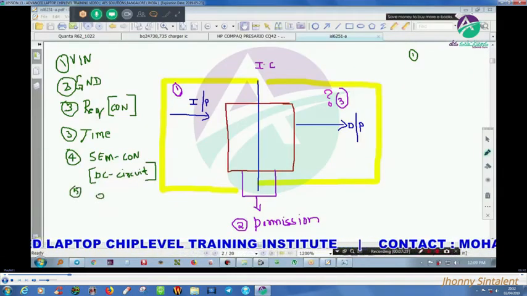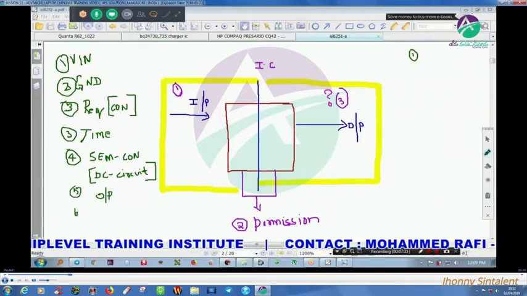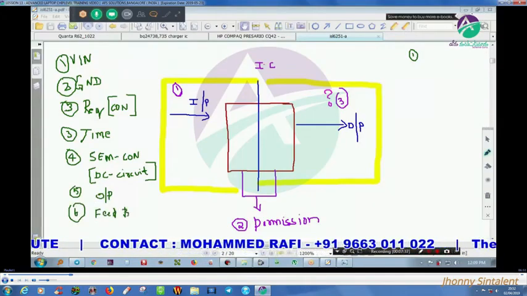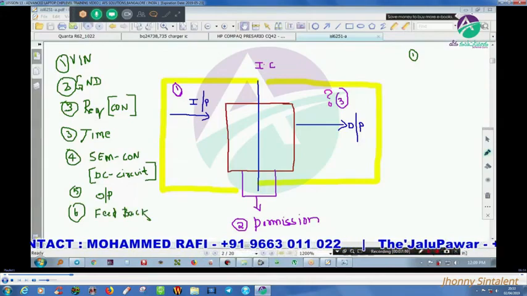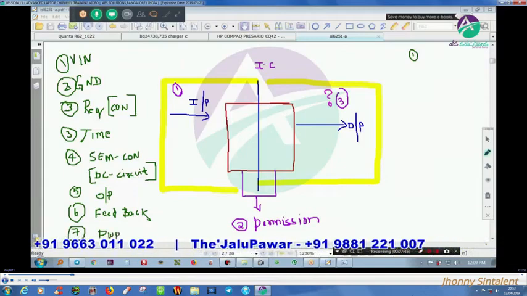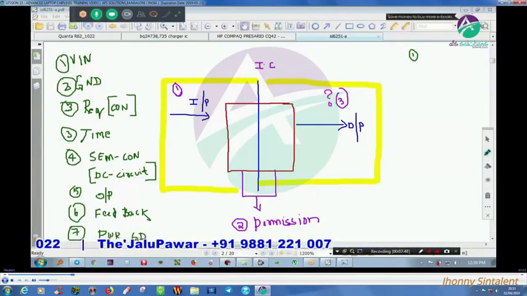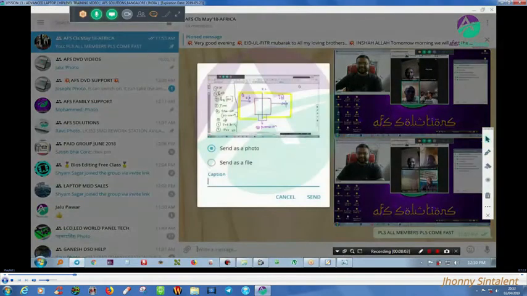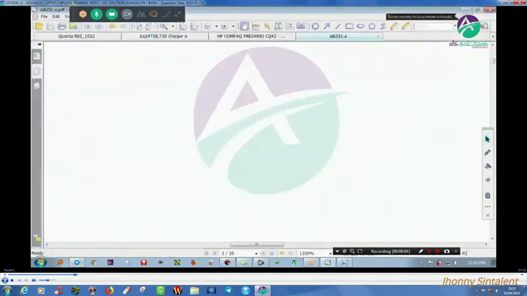I need an output, I need a feedback, I need a power good, finally. So these are some basic things which we have to learn in an IC. Okay, so let me take it step by step. Let me start from here.